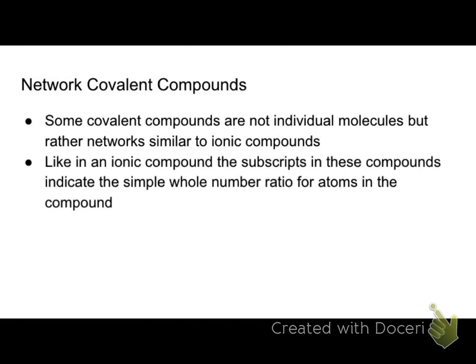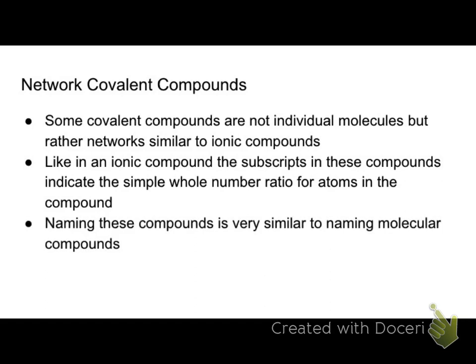Like in ionic compounds, the subscripts in these compounds would indicate simple whole number ratios for atoms and not actual numbers of atoms found in the compound. Okay? But the naming of them is still very similar to the naming for other molecular compounds, even though they are networks. You can see some examples of their names on page 224 in your book.